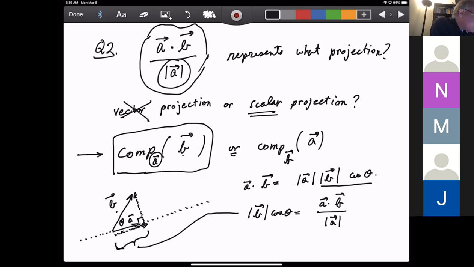Length of A is going to appear on the bottom. So A dot B over the length of A is in fact exactly the component of the vector B along the vector A. Right, so that's the scalar projection of B onto A. Are there any questions there? Everybody good?